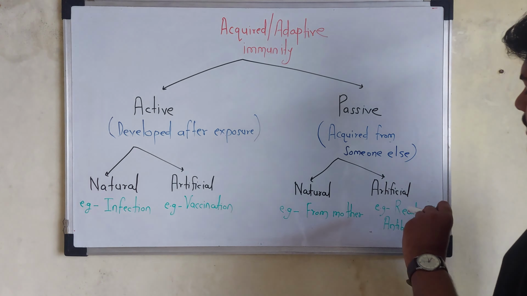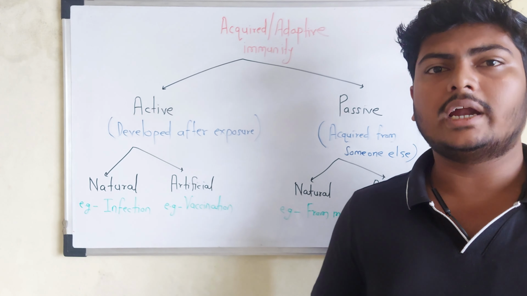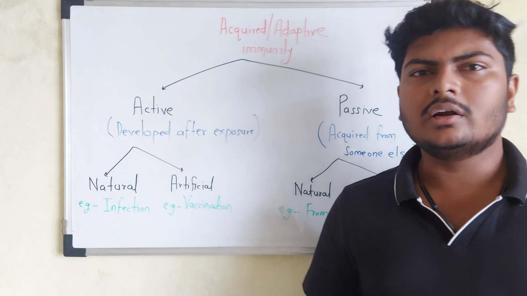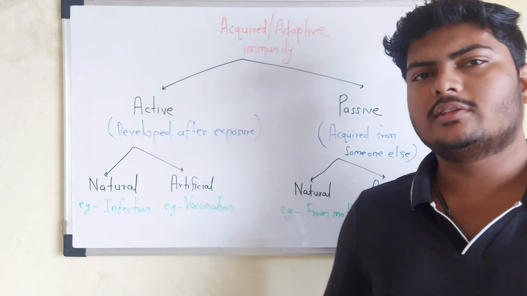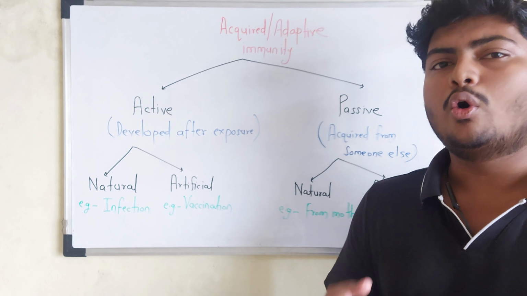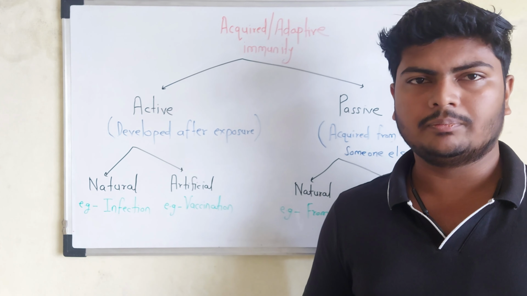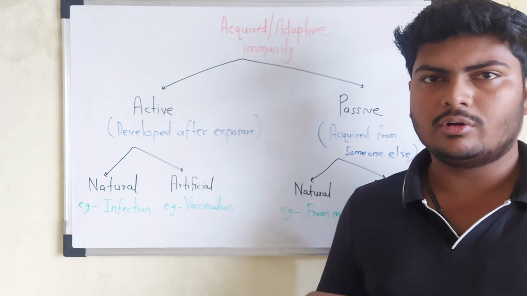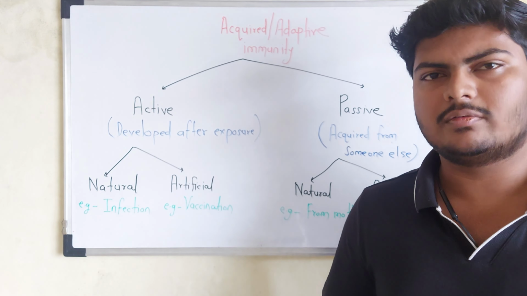We inject those ready-made antibodies into our body, and they are already ready to fight against that particular disease, so that time is limited here. This artificial passive immunity helps us to fight against dangerous diseases in which our own body cannot develop adaptive immunity in a short duration. That's why we are using ready-made antibodies to fight against that.